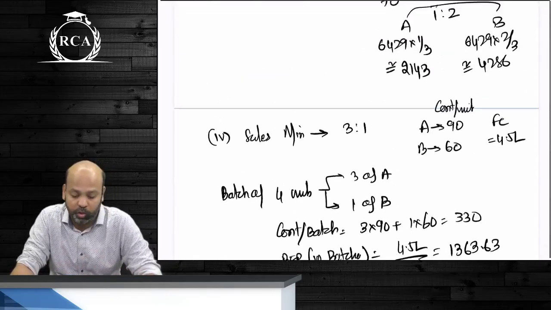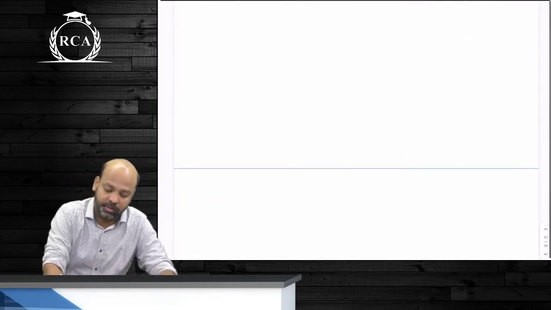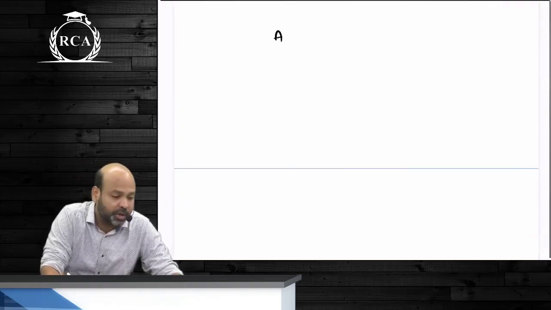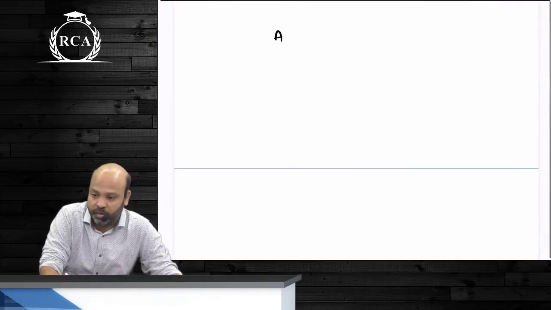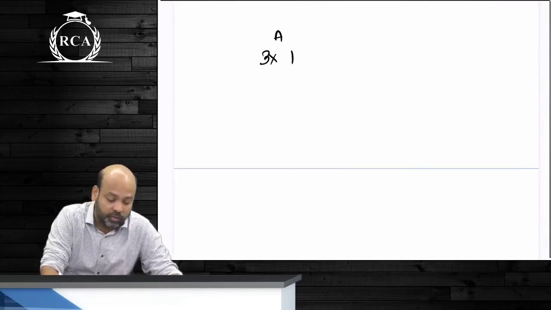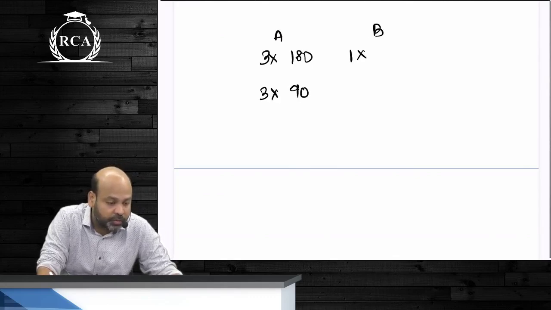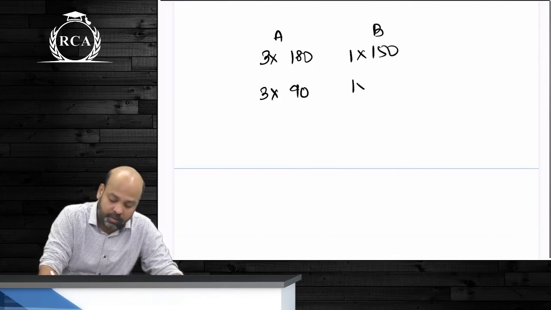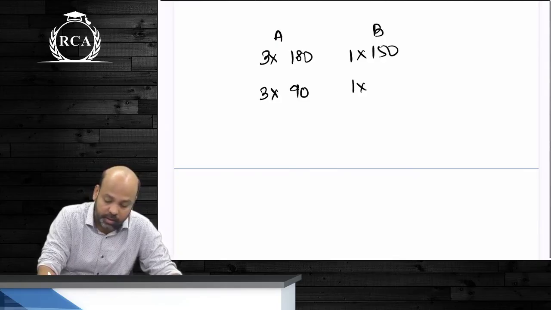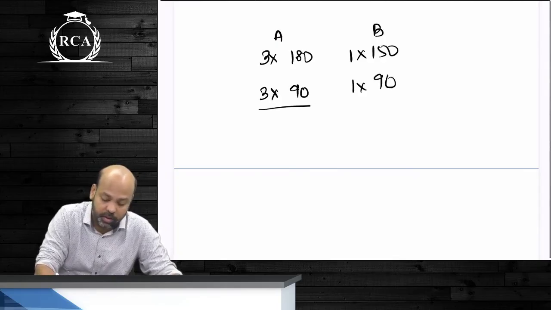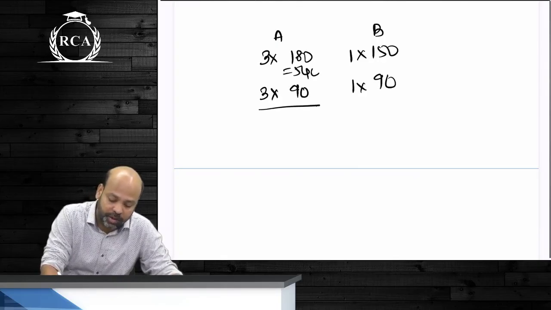If you want to compute weighted average PV ratio, you have to do it the other way around. How many units of A? 3 units of A. Selling price of A was 180, variable cost of A was 90. B was 1 unit of 150, variable cost 90 rupees. So your revenue here is 540, contribution is 270.